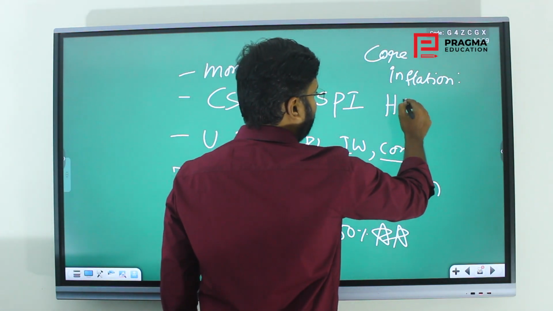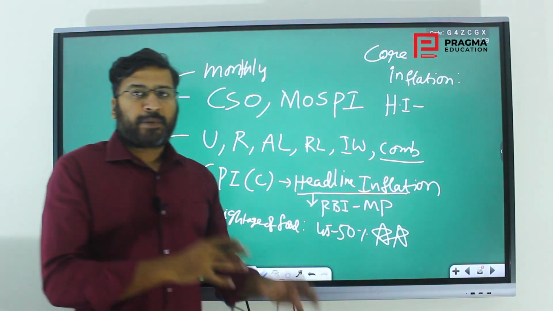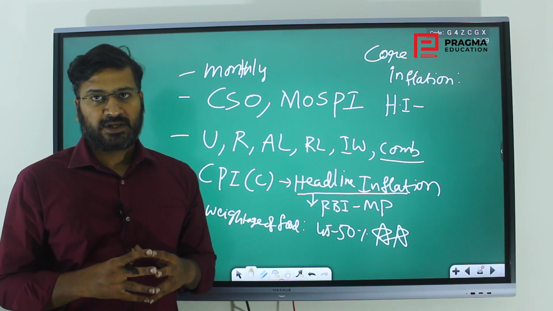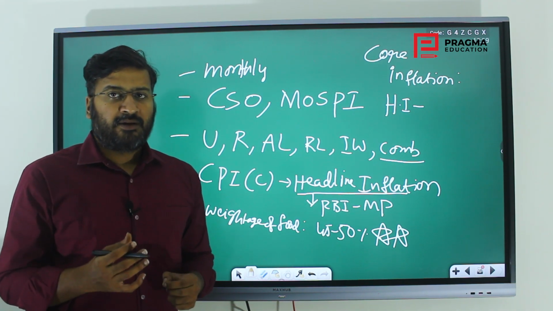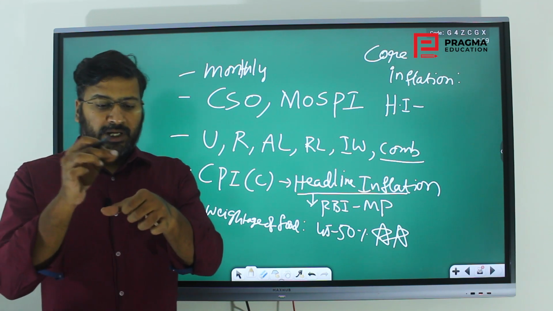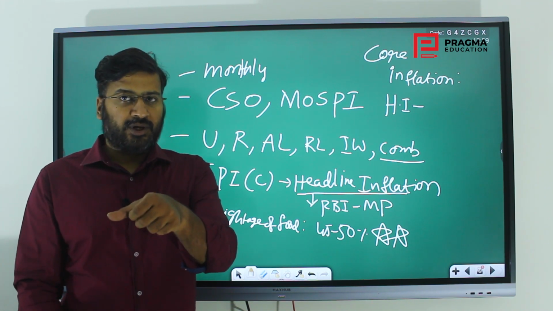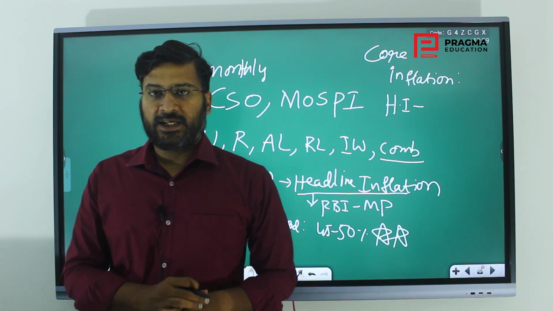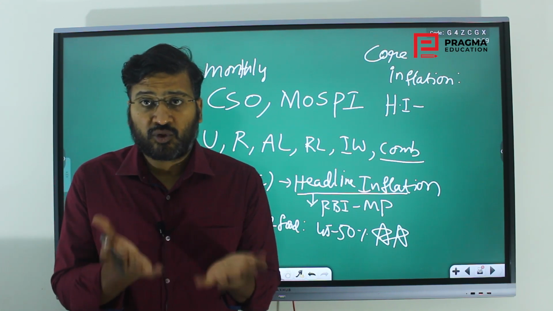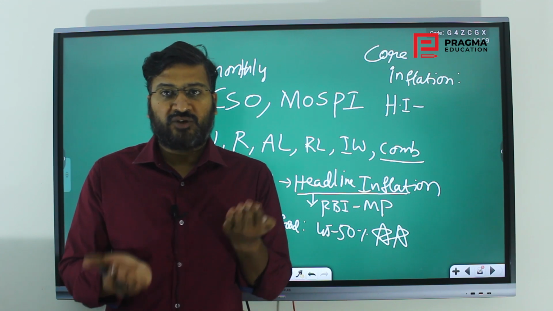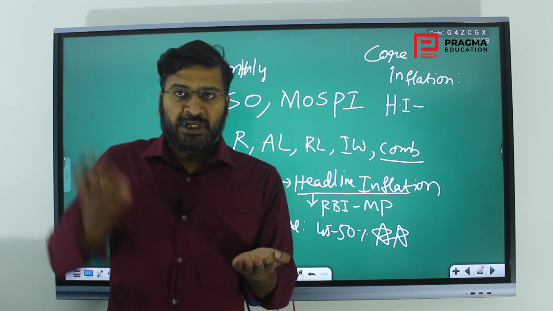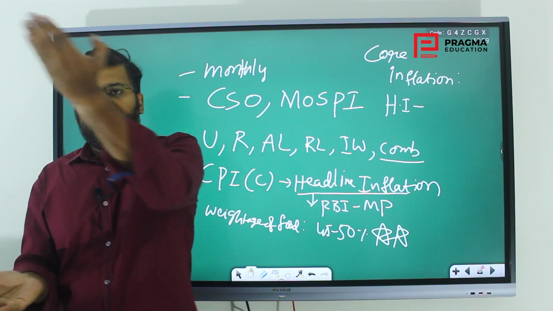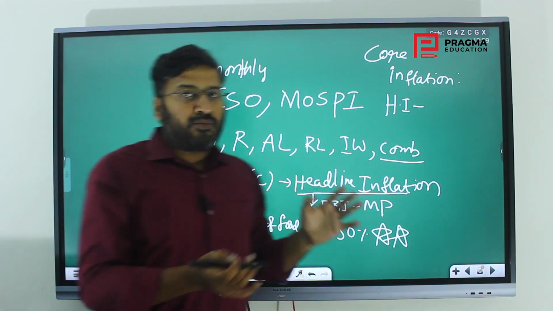It is headline inflation minus the prices of the volatile goods and services. What is volatile? If you pour a drop of petrol or kerosene on your hand, it evaporates immediately. That is volatility. So the prices are so volatile that they keep fluctuating. They may increase, they may decrease drastically, then again they increase. So what are those?